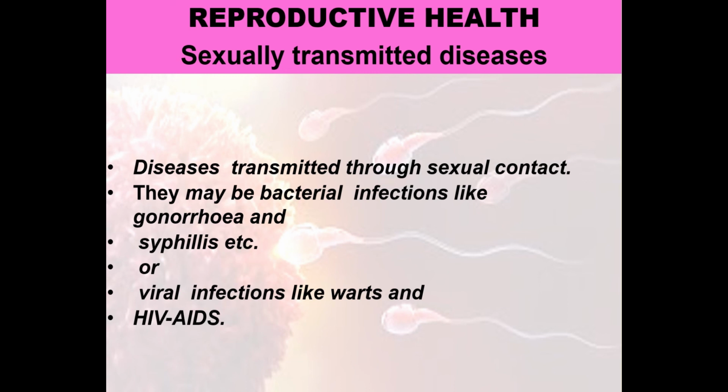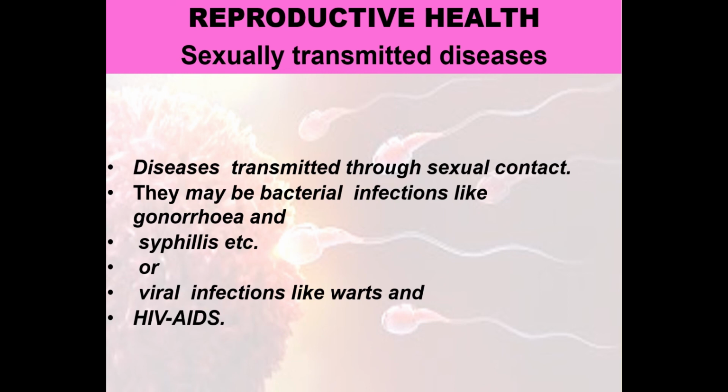There are many diseases which are transmitted through sexual contact. These diseases may be due to the transmission of bacteria or viruses. Two common bacterial infections that spread through sexual contact are gonorrhea and syphilis. And two viral infections are genital warts and HIV or AIDS.